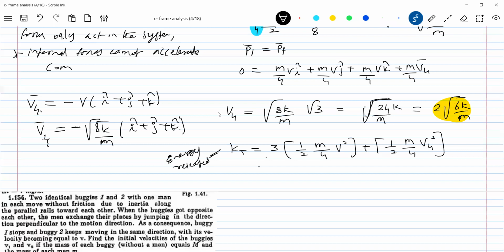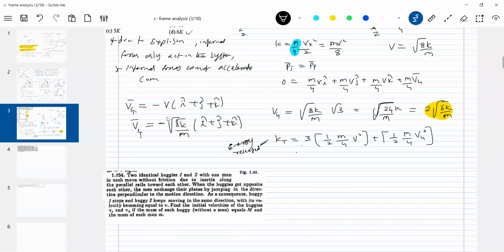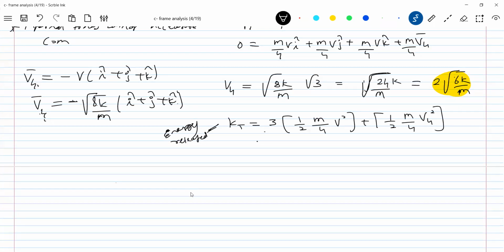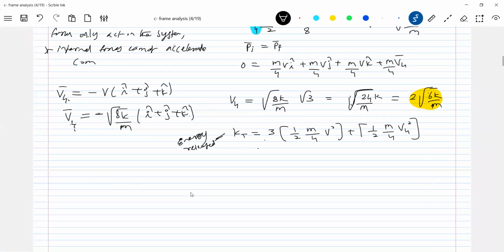Now the next question comes: if a moving fragment explodes, then how do you manage? If a moving fragment, means a fragment is moving and explosion occurs. A fragment of say 4m is moving with a velocity v0. It has some initial kinetic energy.